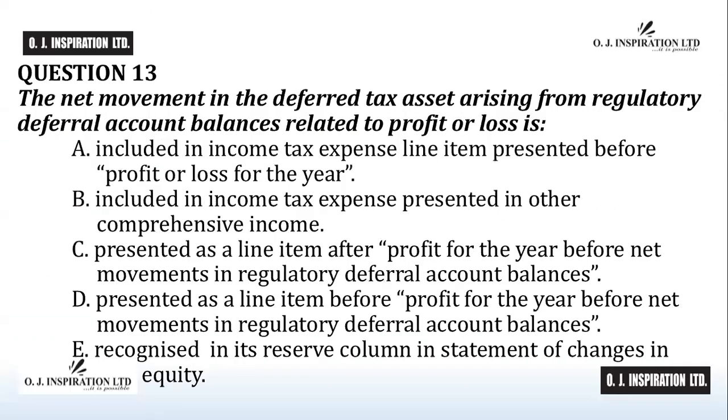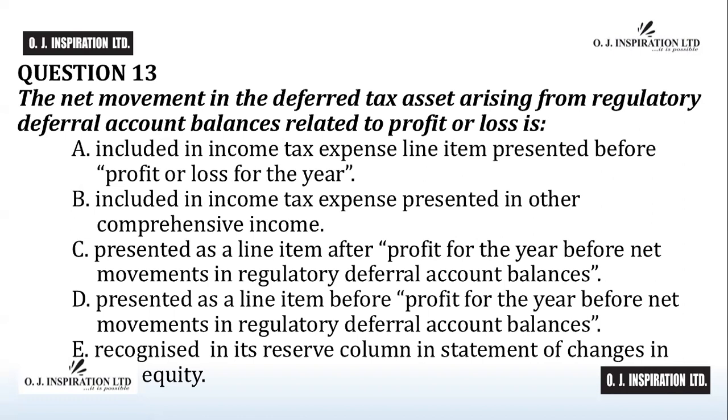Question number 13. The net movement in the deferred tax asset arising from regulatory deferred account balances related to profit and loss is A, included in income tax expense line item presented before profit and loss for the year. B, included in income tax expense presented in other comprehensive income.